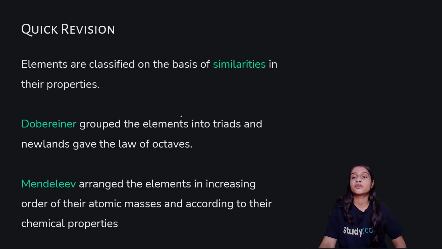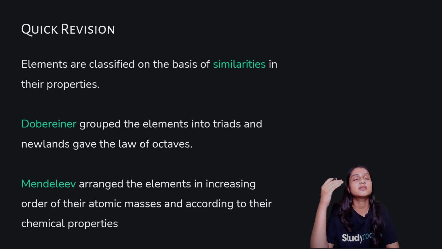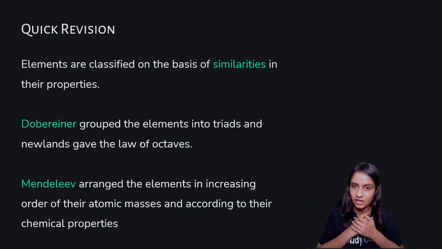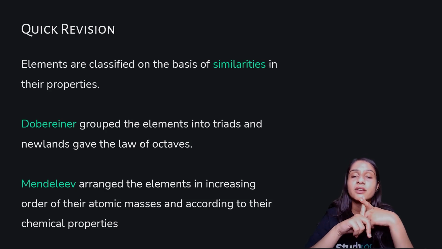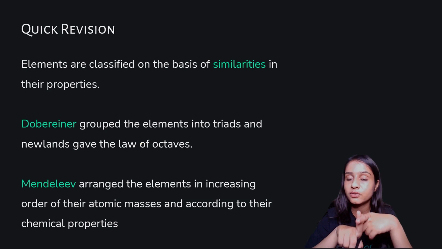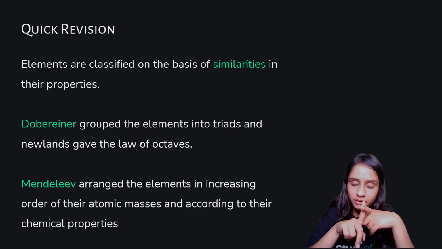So, quick revision of the whole chapter. Elements are classified on the basis of similarities in their properties. Dobereiner grouped the elements into triads and Newlands gave the law of octaves, that you need to remember. There are just simple subtopics in this chapter that you will need to understand: the importance of elements, why elements are necessary to have been organized, to be placed in a particular group in a period.